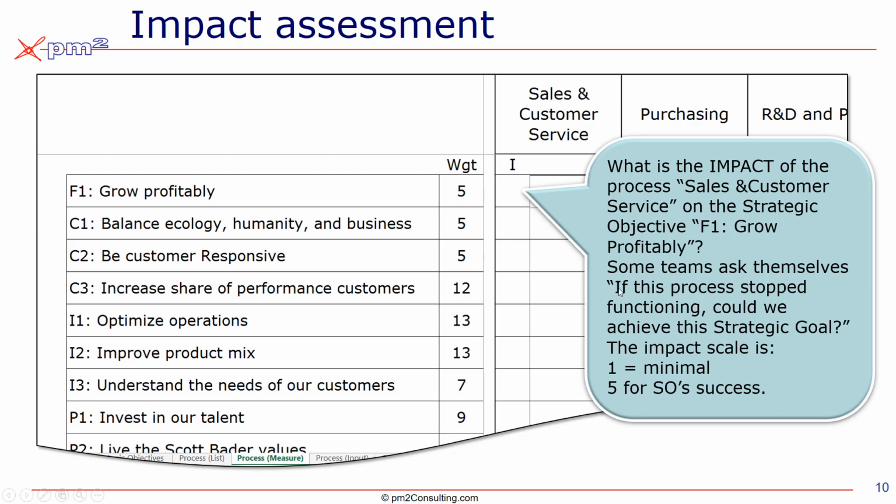If this process stopped functioning, could we achieve this strategic goal? Or you could look at it the other way. If we knocked it out of the park with this process, could we exceed expectations greatly with this strategic objective? And we're going to score it from 1 to 5, where 1, well, blank says it has no impact, 1 is minimal, and 5 is it's critical for strategic success.